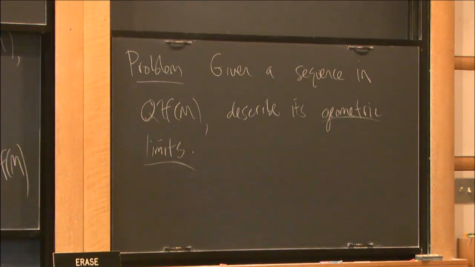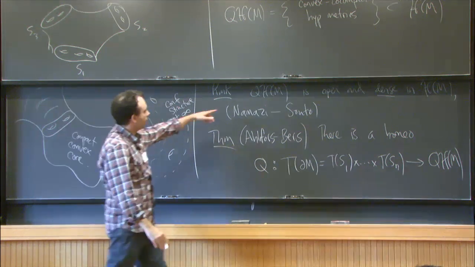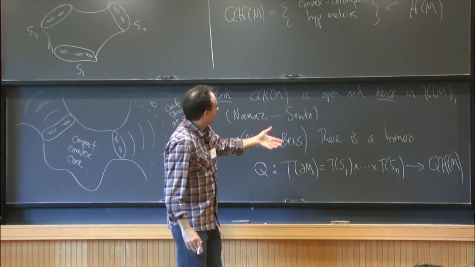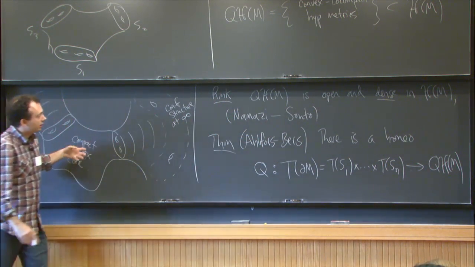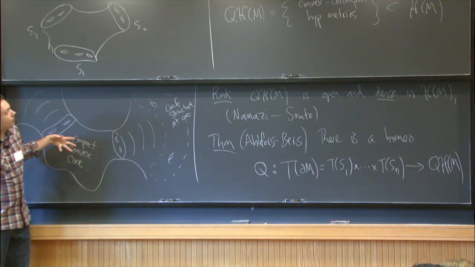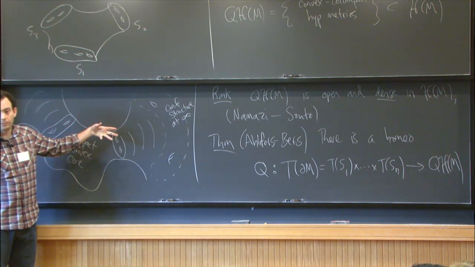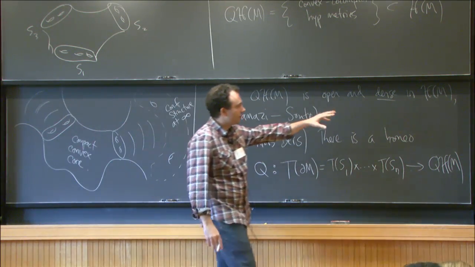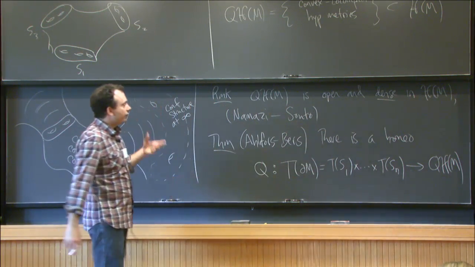Part of what goes into this question is, I said that this was an open and dense subset in H of M. So these convex cocompact metrics can limit to other hyperbolic metrics on the interior of M that are not convex cocompact. That is included in this question, but also more can happen.